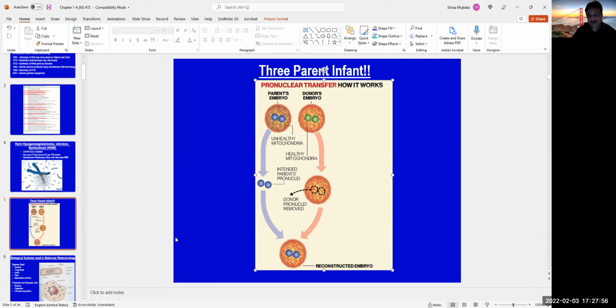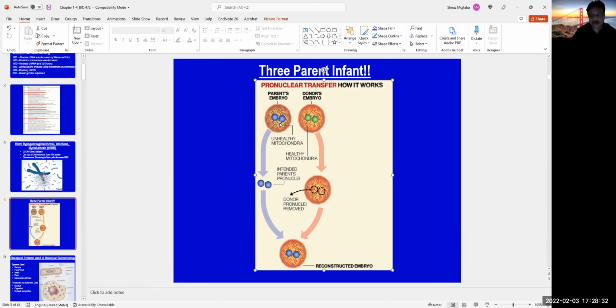Mitochondria has its own DNA, and mitochondria is inherited from the mother rather than the father, right? So if mitochondria is not good for any reason, then there are strategies to replace the sick mitochondria with healthy mitochondria. So this is unhealthy mitochondria, and this is a cell with unhealthy mitochondria. The bluish color and the green color is healthy mitochondria.